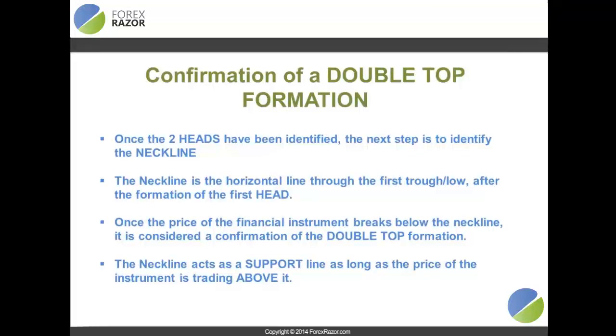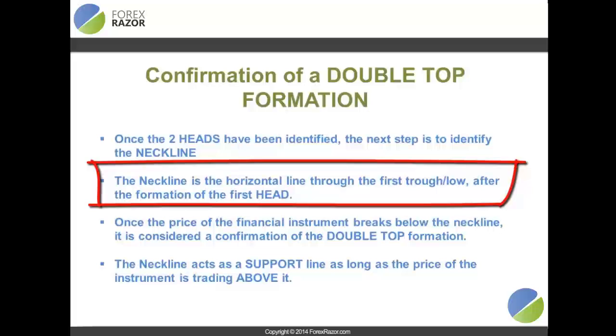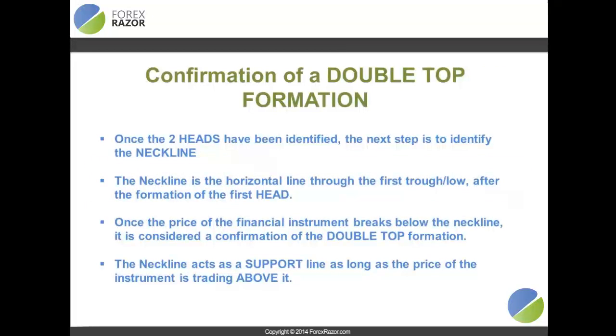Once the two heads have been identified, the next step is to identify the neckline. The neckline is the horizontal line through the first low after the formation of the first head. Once the price of the financial instrument breaks below the neckline, it is considered a confirmation of the double top formation.